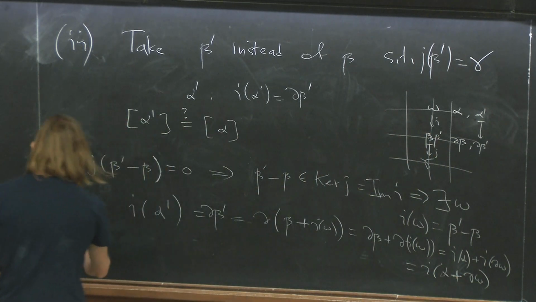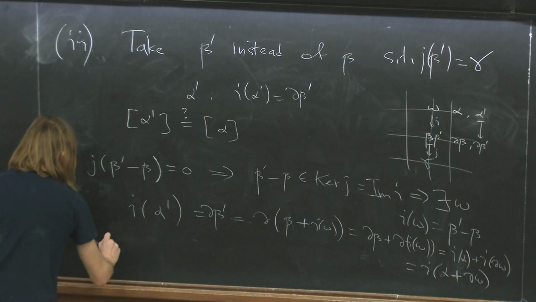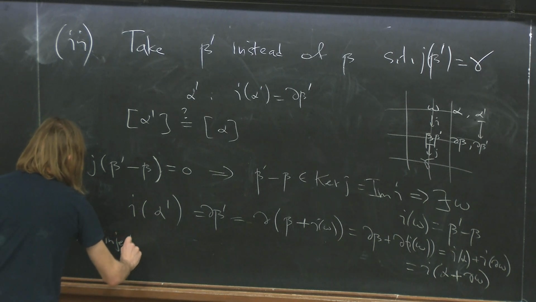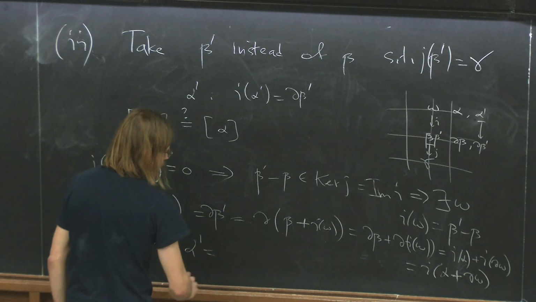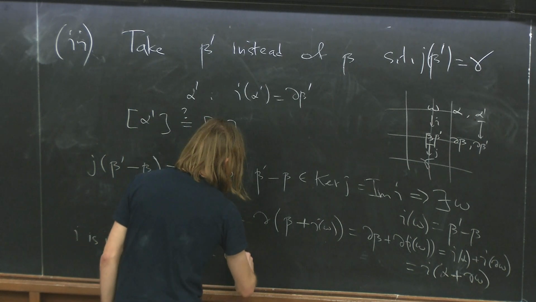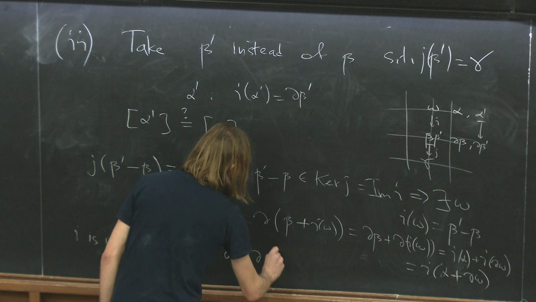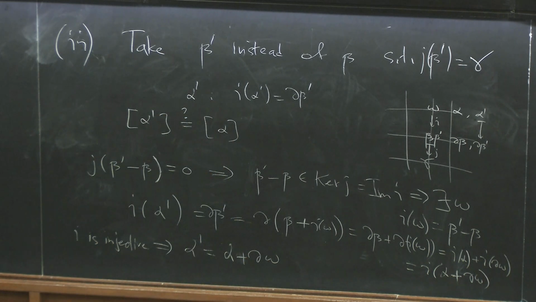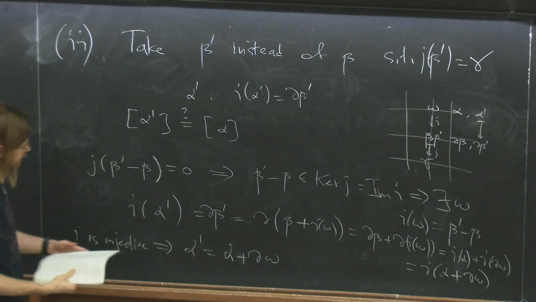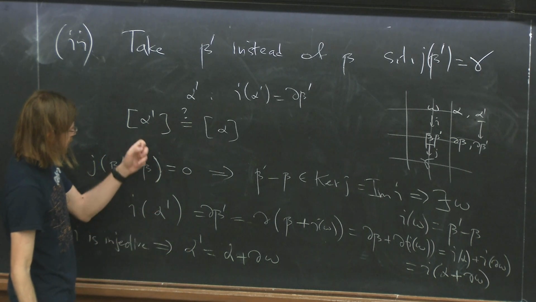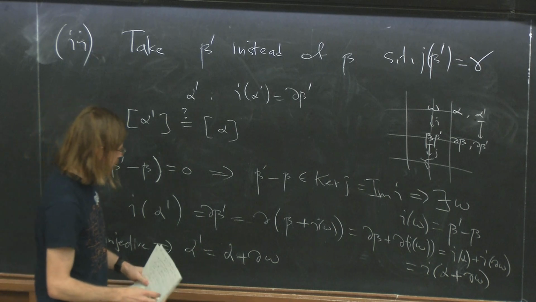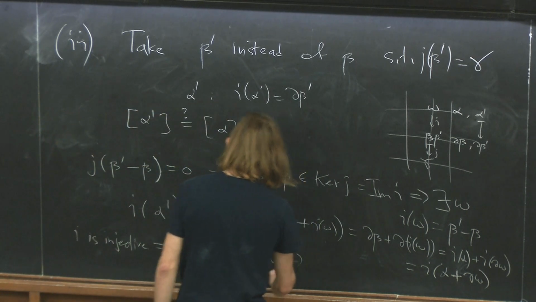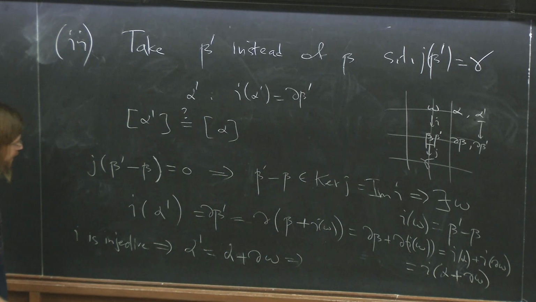But we know that I is injective. And this implies that alpha prime must be equal to alpha plus d omega. But that tells us that indeed they are the same in the homology, because in the homology we factor out the image of d.